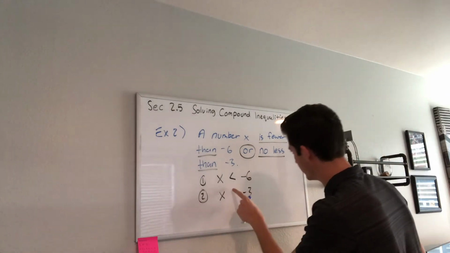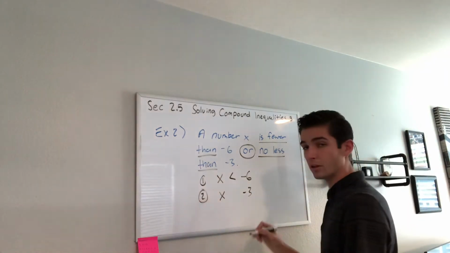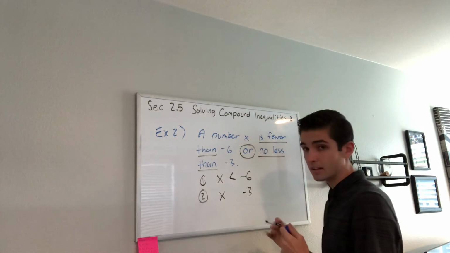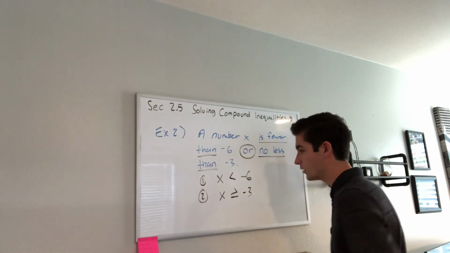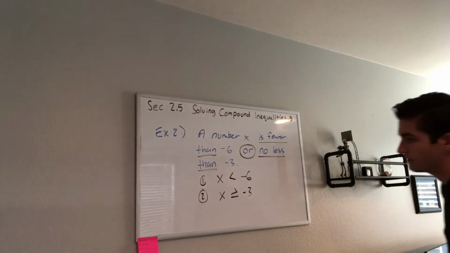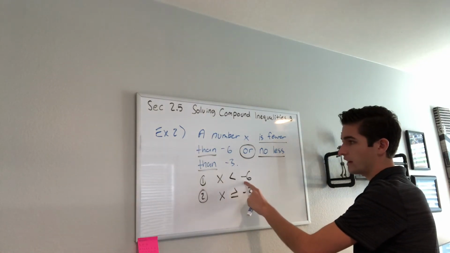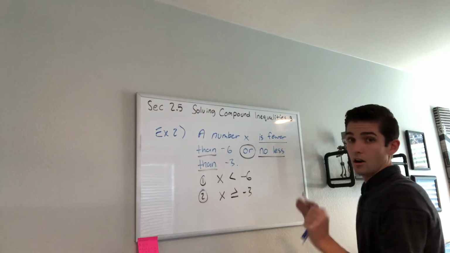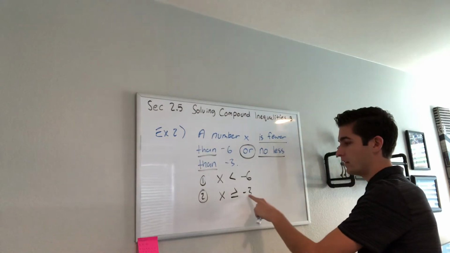And what sign does is no less than mean? Could it be negative 3? Sure. It can't be less than it though. So x could be greater than or equal to negative 3. So a number x is fewer than negative 6, or x is no less than negative 3.